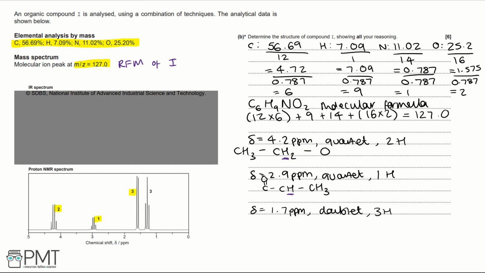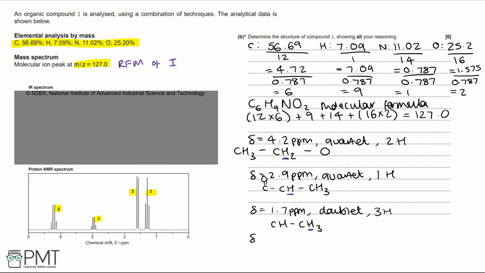So it's just an alkyl group that the carbon hydrogen is connected to. So if we have CH and we want a doublet, but we have 3 hydrogens, so the hydrogens we're looking at are these 3, and by connecting it to a carbon with 1 hydrogen, that means we're going to produce a doublet splitting pattern.